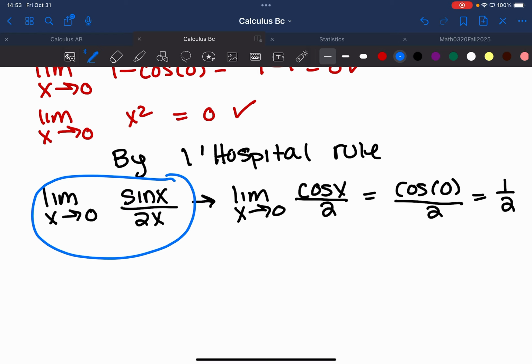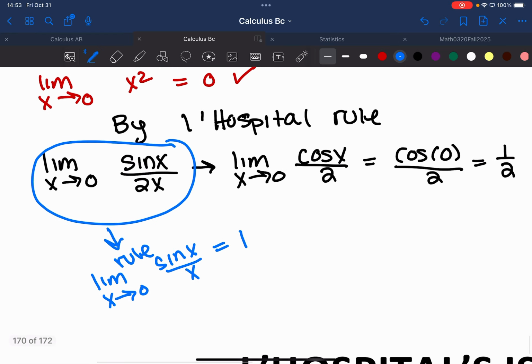Sine x over x is 1 only when x is approaching 0. So this is a rule. The limit as x approaches 0 of sine x over x is equal to 1. Which means it would have simplified to 1/2 at that point if we would have remembered the rule.